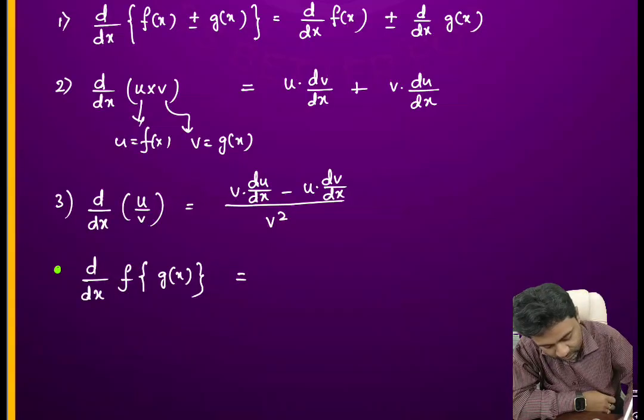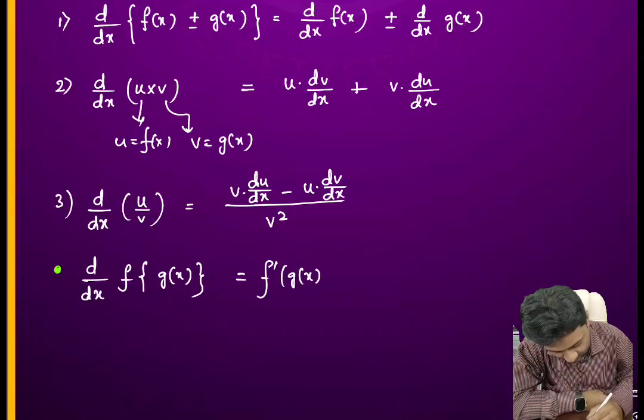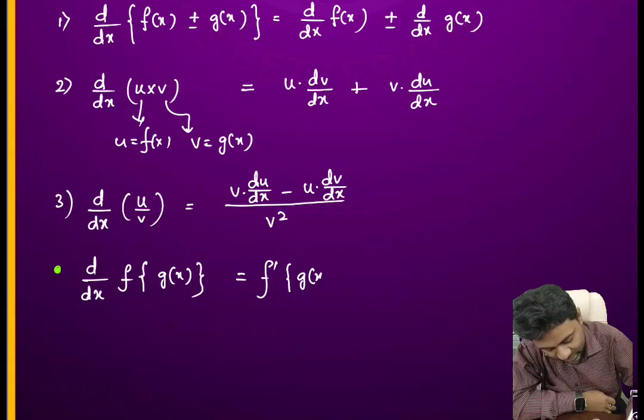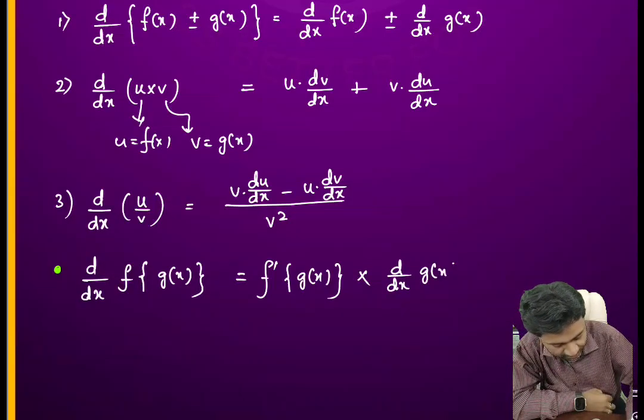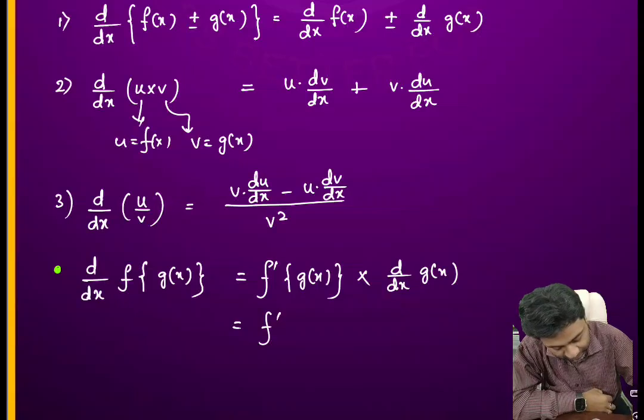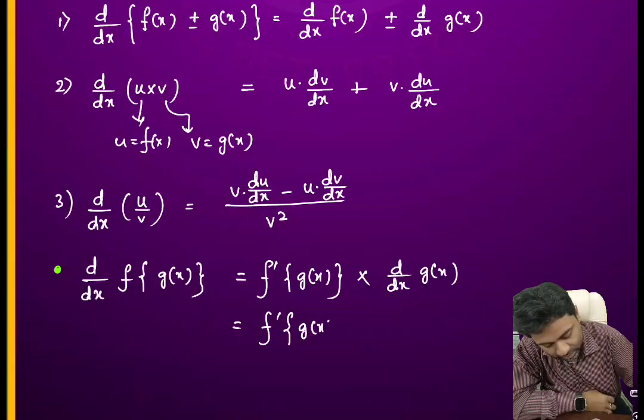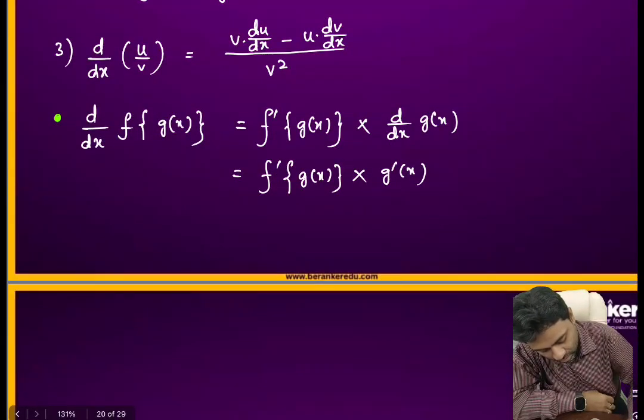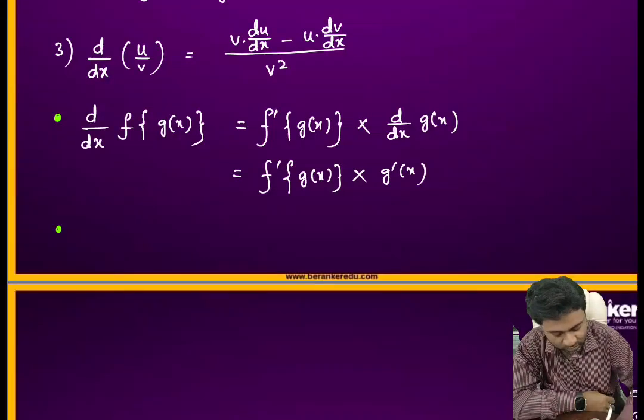This will be the derivative of the whole function of f, that is, you can mark it by f dash of g(x). So take derivative of the whole function times you take derivative of g(x) as well. So derivative of the f function times derivative of the g function.